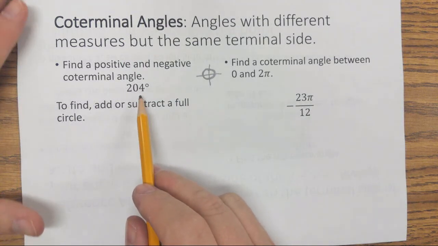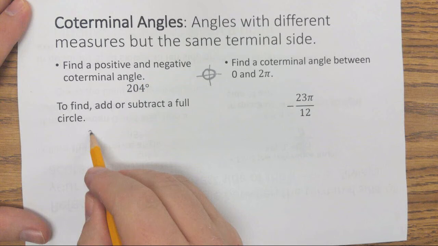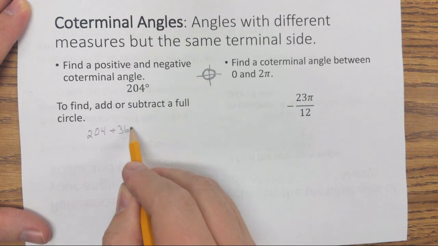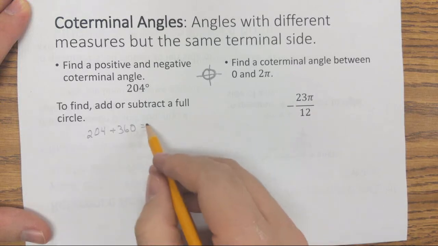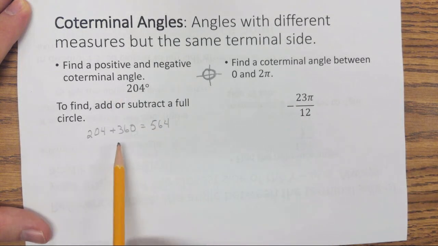So if I have 204 degrees and I want to find a coterminal angle, all I have to do is 204 plus 360, that's 564. So a coterminal angle here is 564.